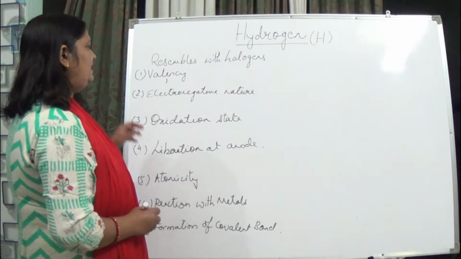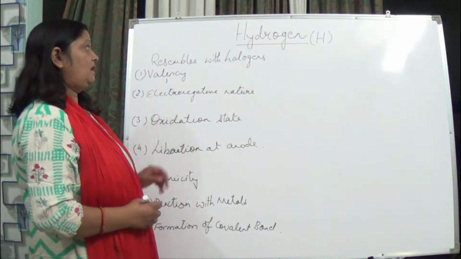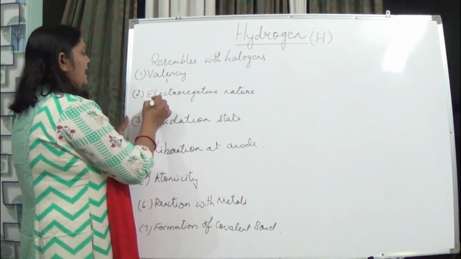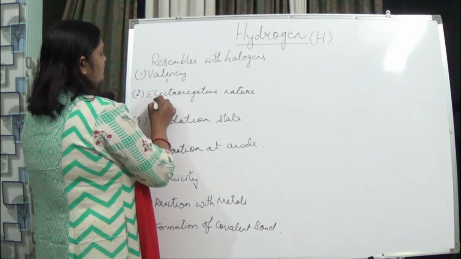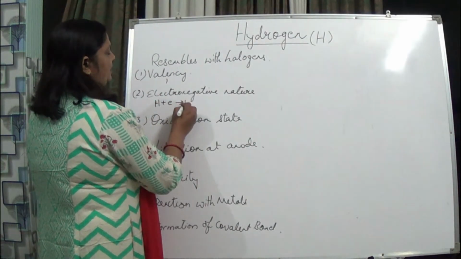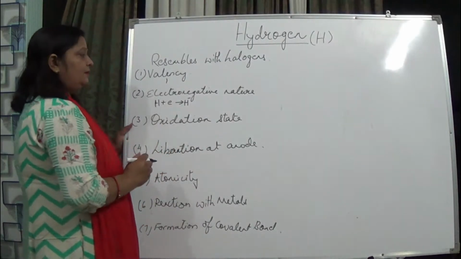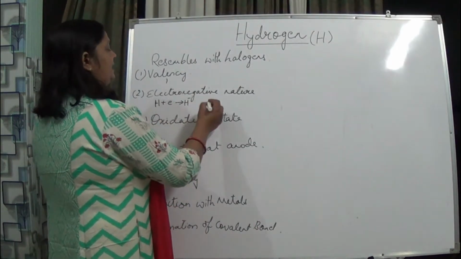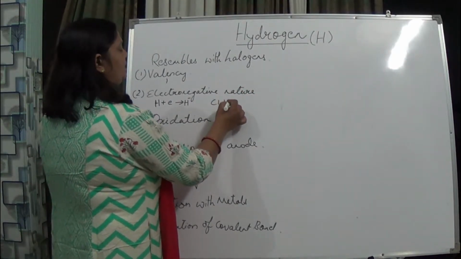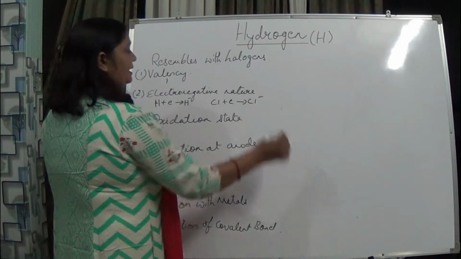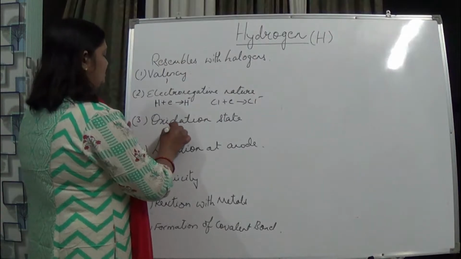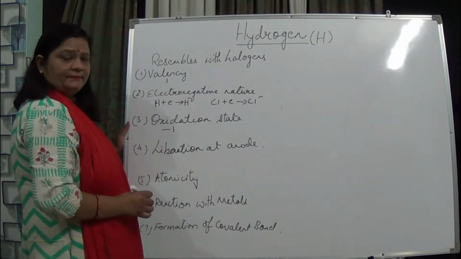Now, electronegative nature: hydrogen and halogens have it. Hydrogen accepts 1 electron and can become H minus. And if we take a halogen like chlorine, it accepts 1 electron and becomes Cl minus. So when we talk about the oxidation state, it becomes minus 1.